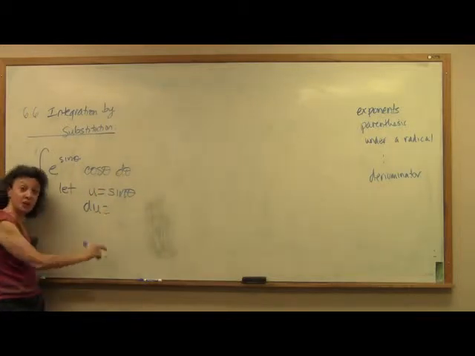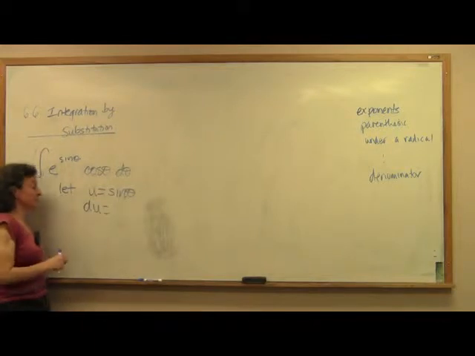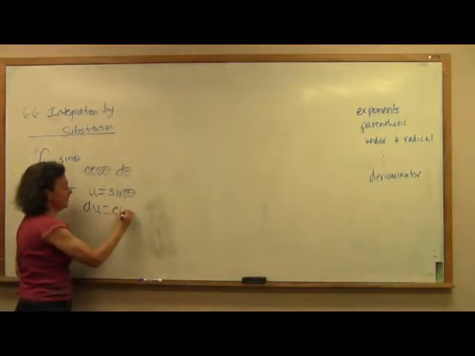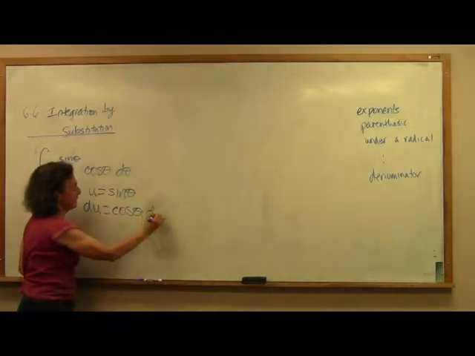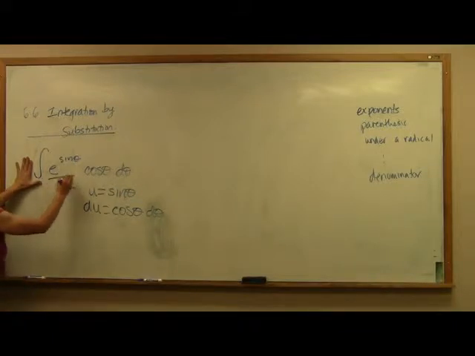Again, we always have to talk about what we're taking derivatives and antiderivatives with respect to. And what's the derivative of the sine of theta? It's the cosine of theta d theta. So, what we're going to do now is rewrite this integral, but in terms of u. Let's look at our first term.